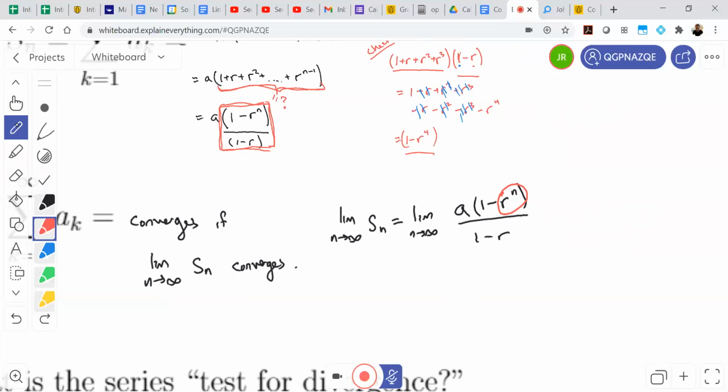As n goes to infinity, if r is really small, this piece will go to 0, and the series will converge. So we end up with this result that says if that r value is small, and here we'll actually quantify, if the r value is less than 1, then r to the n will just shrink down to 0, right?